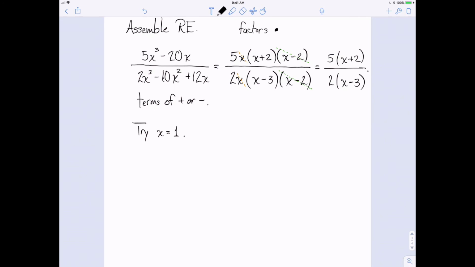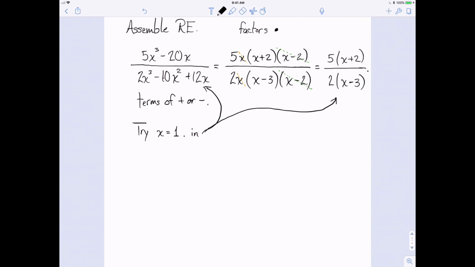Now what we're going to do is try x equals 1 in the original rational expression and then in the end result. If we did this correctly, we should get the same answer both ways.